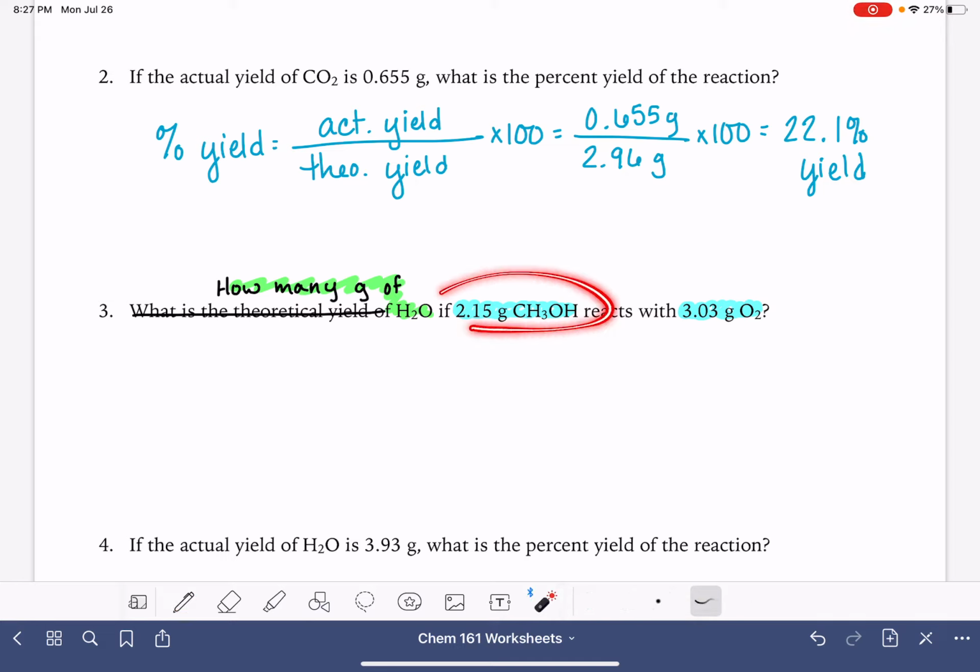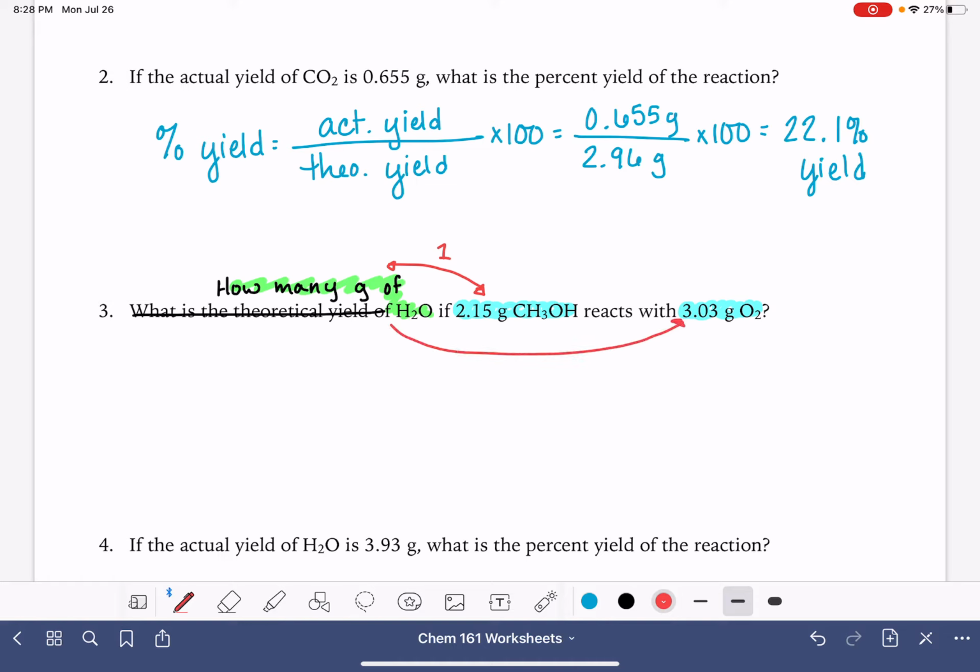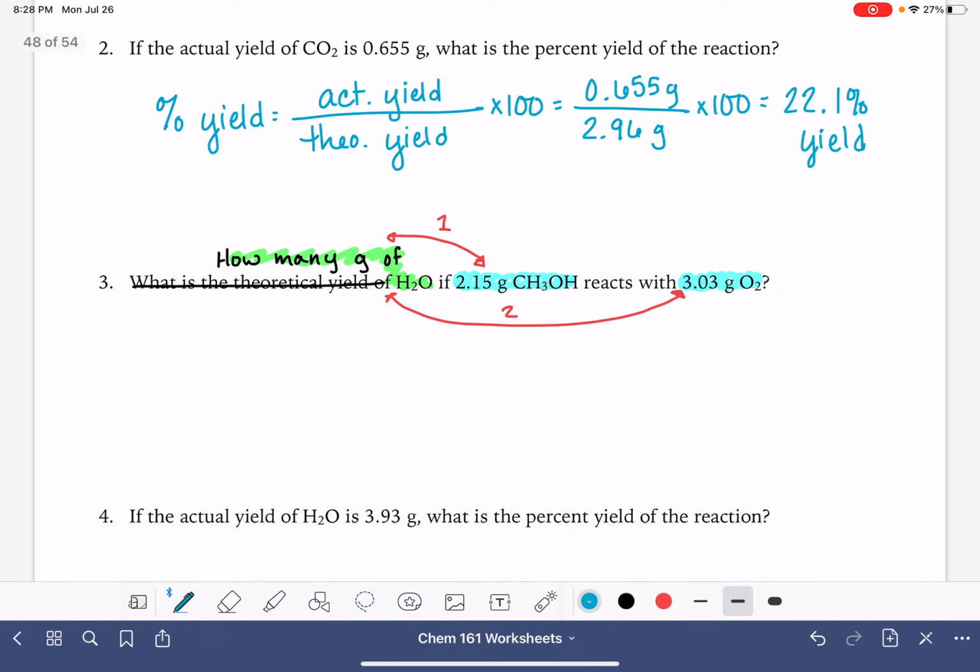When you've been given 2 different starting materials, you actually have to solve this problem in 2 parts. We're going to do part 1, the calculation for CH3OH converting into H2O, and then part 2 is going to be this conversion right here, and we're going to compare the 2 to each other. So again, this is like 2 totally separate problems.